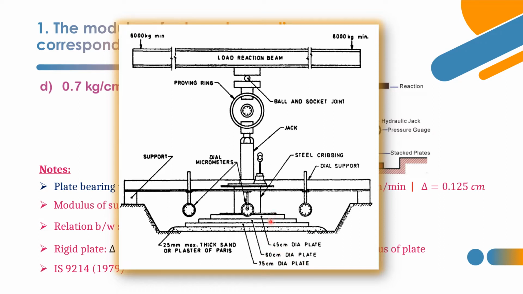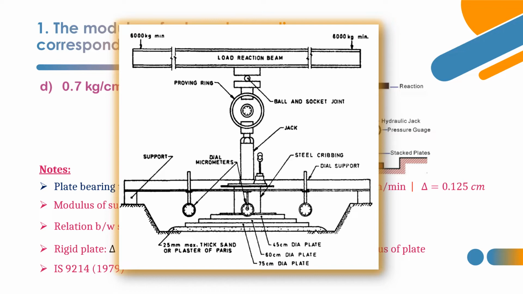So stacks of plates will be laid here, and 75 centimeter is the basic and standard dimension of the diameter of plate. This is the basic setup as given by IS 9214. So these are the basic points to be noted in case of plate bearing test for the subgrade soil.